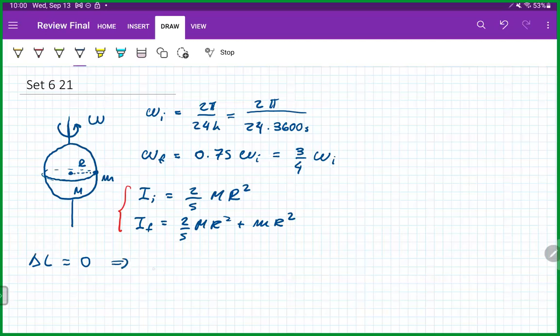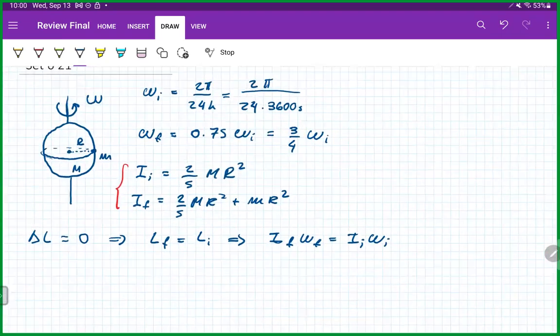And that means that the final equals the initial angular momentum. And that means that I final omega final equals I omega initial, initial inertia and initial angular speed.